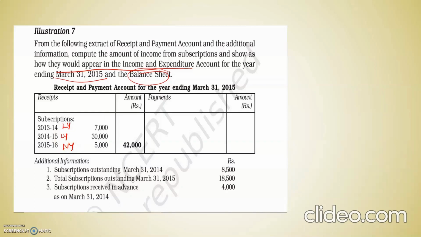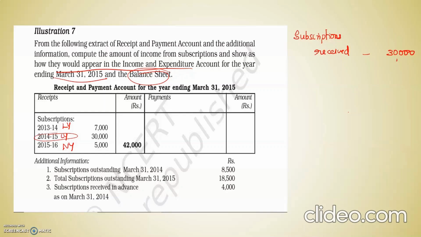Income and expenditure account, the information related to the current year. So we have to start with subscriptions received. $30,000. Current year only we are considering. Coming to the additional information, subscription outstanding on 31st March 2014.